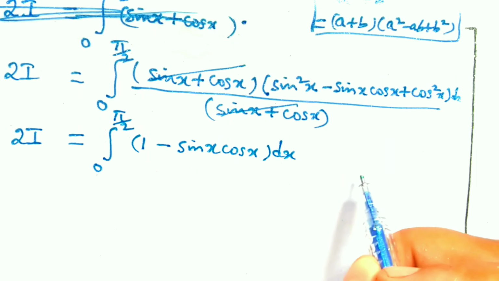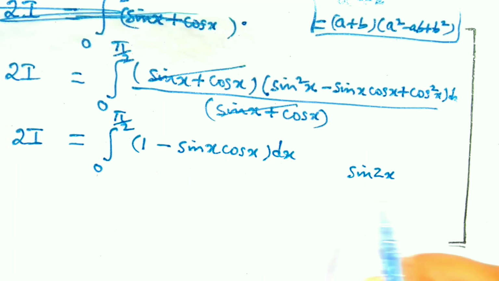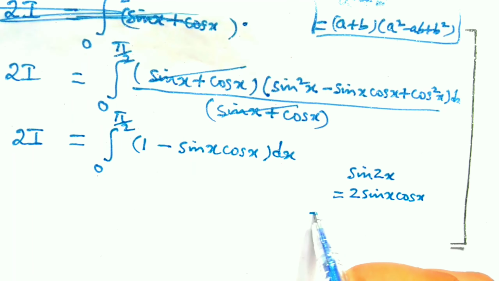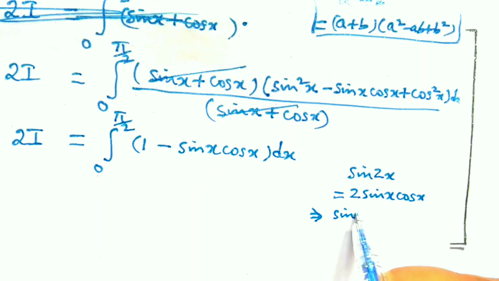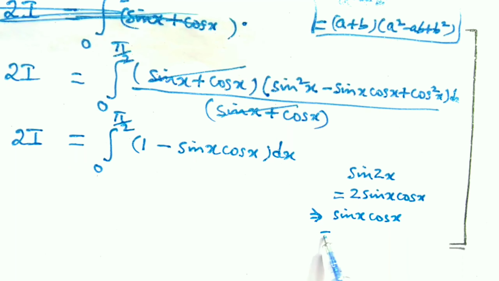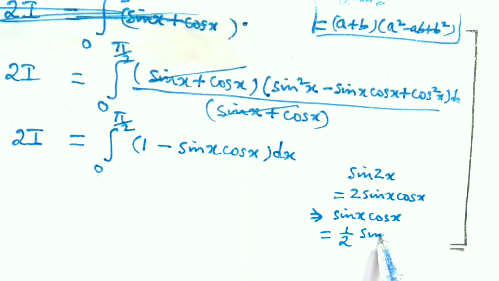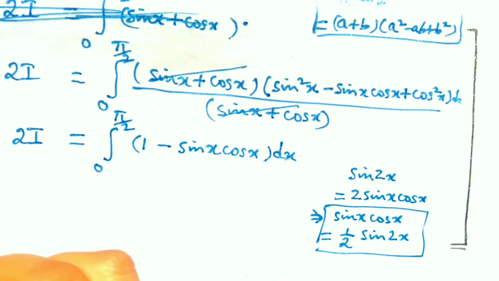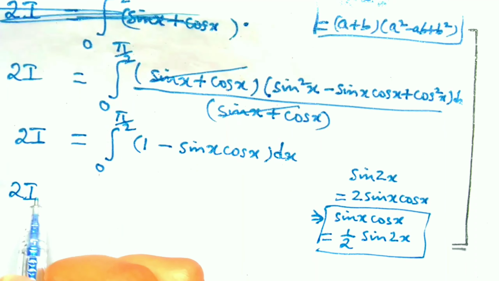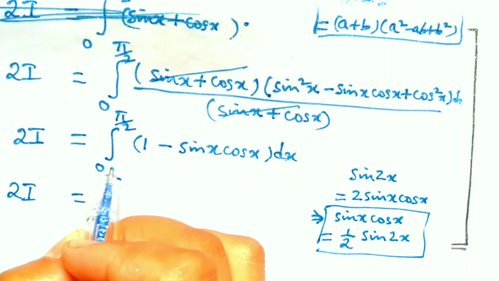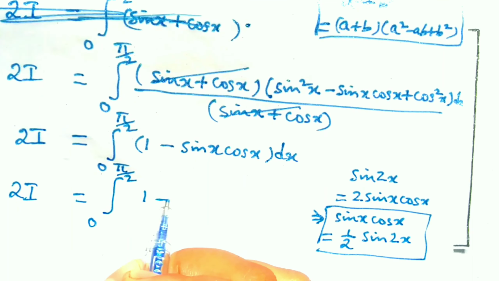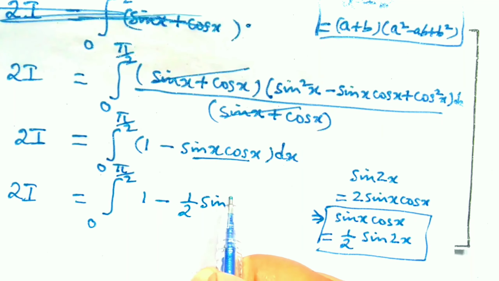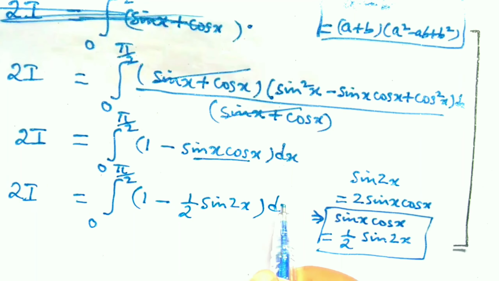Now we also know that sin 2x is equal to 2 sin x cos x. So from here it implies that sin x cos x is the same as half of sin 2x, right? So this implies 2I is equal to integration from 0 to pi by 2, 1 minus, in place of this one we write half sin 2x, dx.